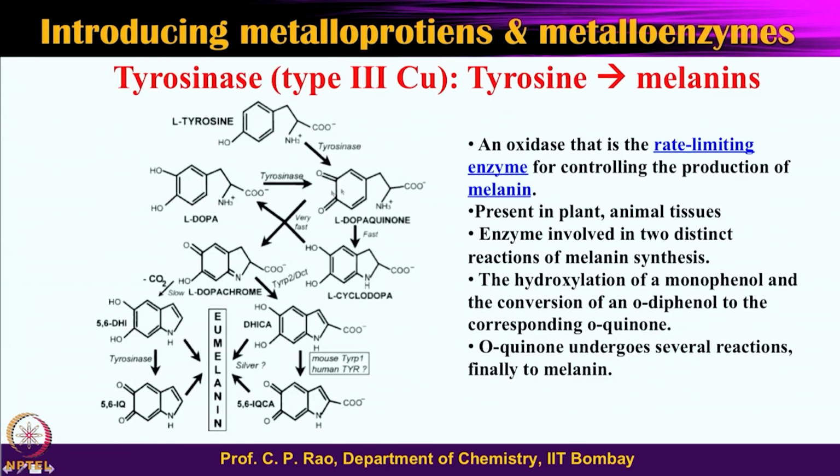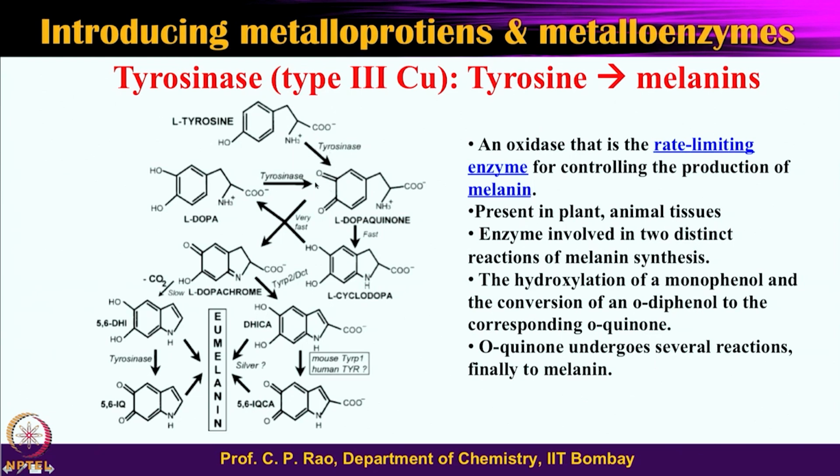So, we have looked at this enzyme also. The enzyme is called tyrosinase. It is a type 3 copper enzyme, and I will be telling you an example a little later. Here we will look at how the tyrosine is converted through a variety of reactions to melanin. So, a lot of redox processes go on.